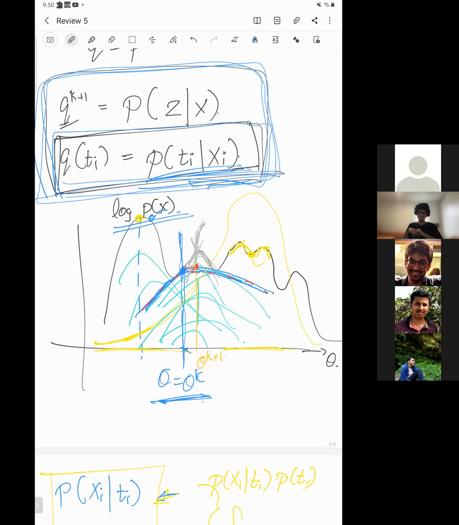Yep, thank you. Right, okay, so we introduced this family of lower bounds, and what we're trying to do is minimize the gap between the lower bound and the actual log of p of x. We derived this equation, and this gap is nothing but the KL divergence between the q, the distribution that we introduced, and the posterior, that is the probability of the latent variable given the data.